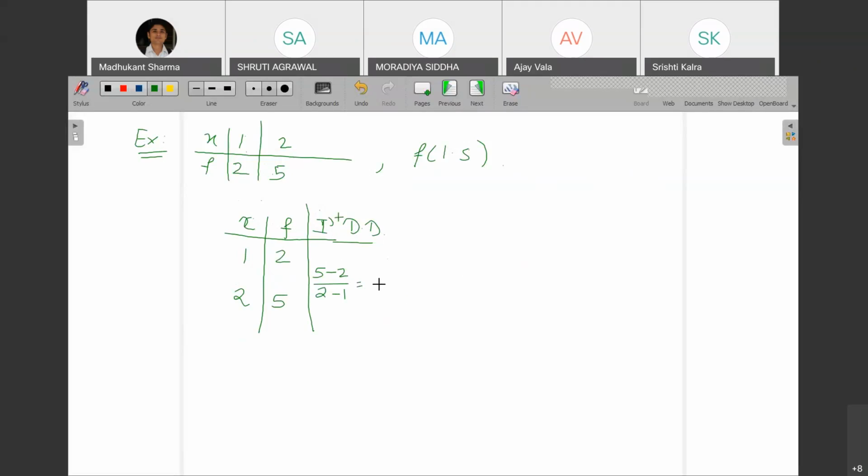That is 3 by 1, so that is 3. So you have Newton's form of interpolating polynomial of degree 1.